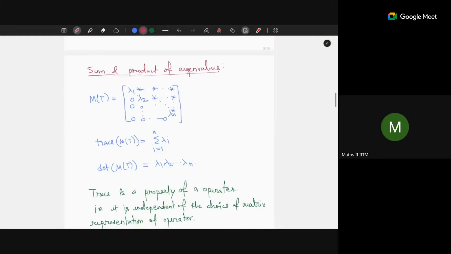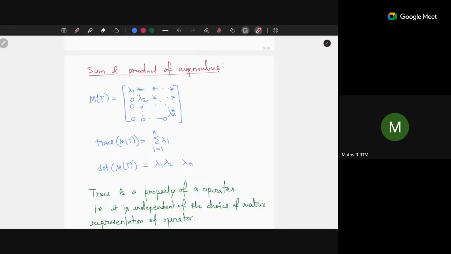Now, once you have an operator from Fn to Fn, and you can find a basis and write down the matrix representation with respect to that basis so that you get an upper triangular matrix like this, what is the trace of this matrix? Trace of a matrix is nothing but the sum of the diagonal entries.